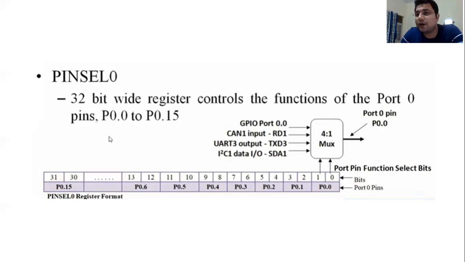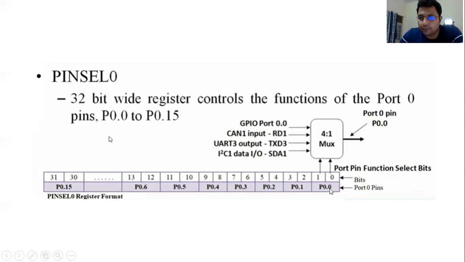Port number 0 has 32 pins. 32 pins require 64 bits in total, because each individual pin requires two bit positions in the pin select registers. Here, port number 0, pin number 0 corresponds to two bit positions in our pin select 0 register.